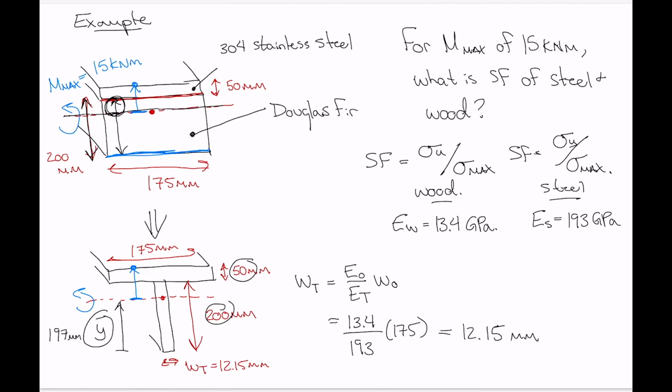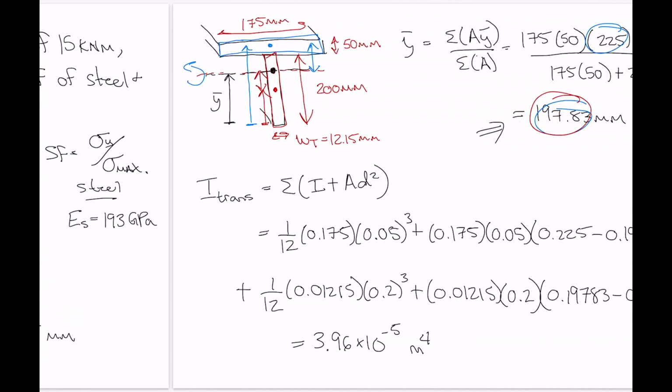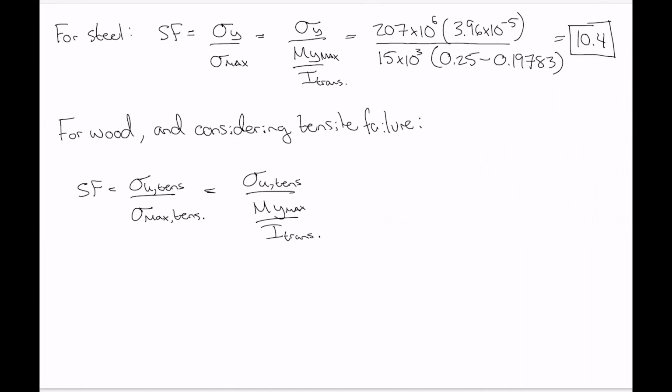So we had wood, then we went to steel when we did the transformed beam. Consequently, this stress has to be multiplied by the ratio of the moduli of elasticity for the two materials. Okay, so let's put in some numbers on that.